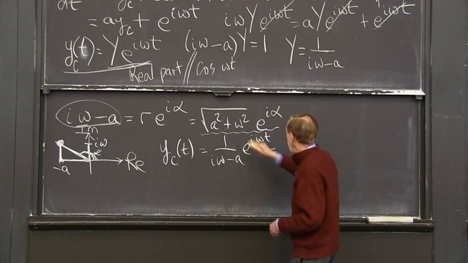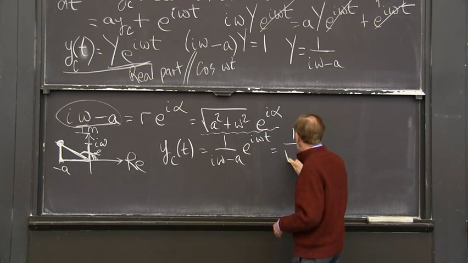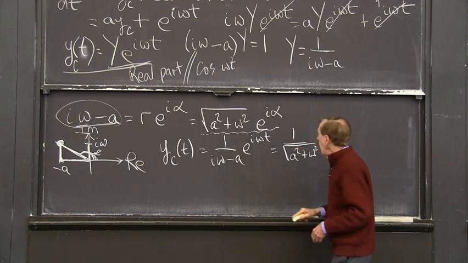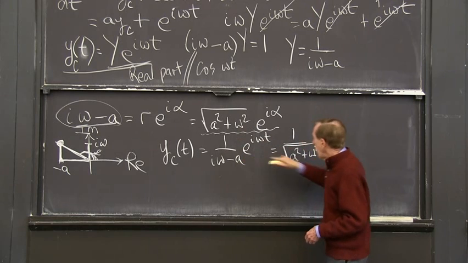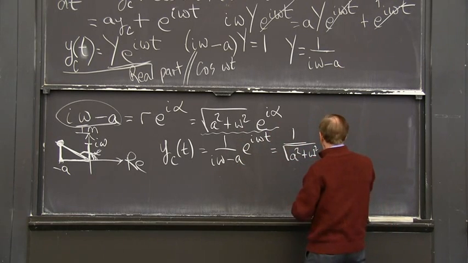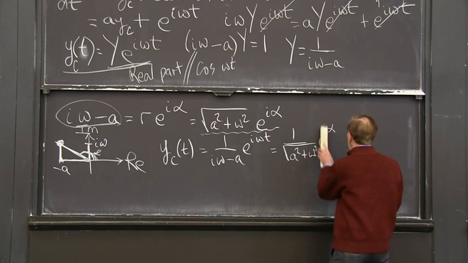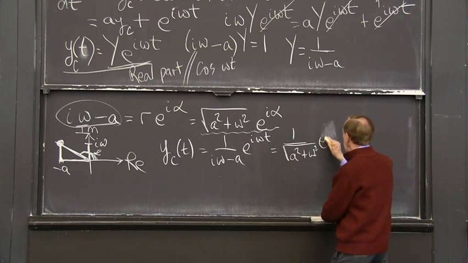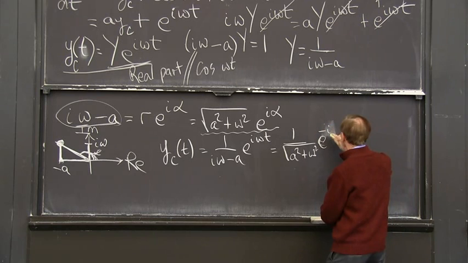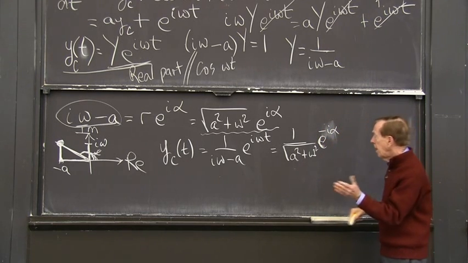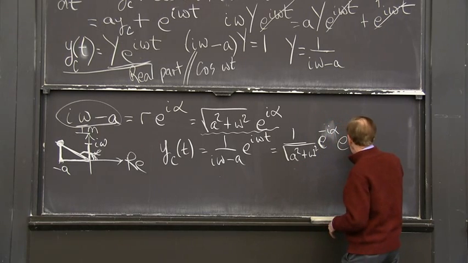If I divide by that, it'll be 1 over the square root of A squared plus omega squared times e to the minus I alpha. When I divide by an exponential, that exponent changes sign, times e to the I omega t.